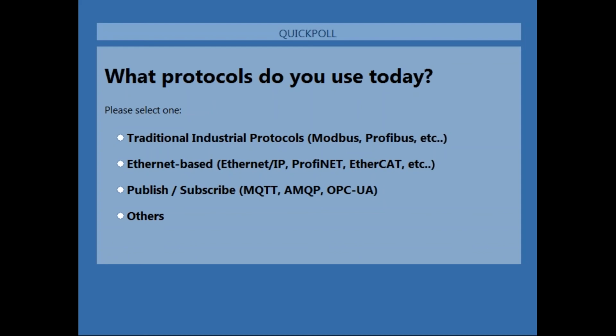Please select the one that you're most commonly using and is newer for you, because I'm sure all of us have used the traditional industrial protocols. But if you today are starting to really rely on MQTT or AMQP, we'd like to hear that feedback, that this is the latest generation of protocols that you're starting to adopt. Again, please make sure you click on your screen in order to provide that feedback. It's great for us to see the results from a broad audience like this.